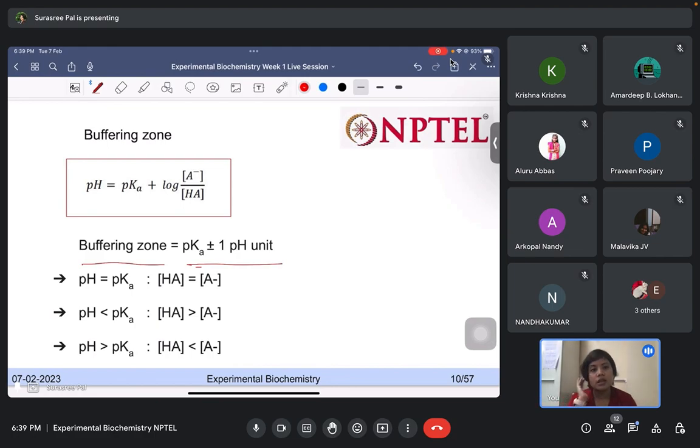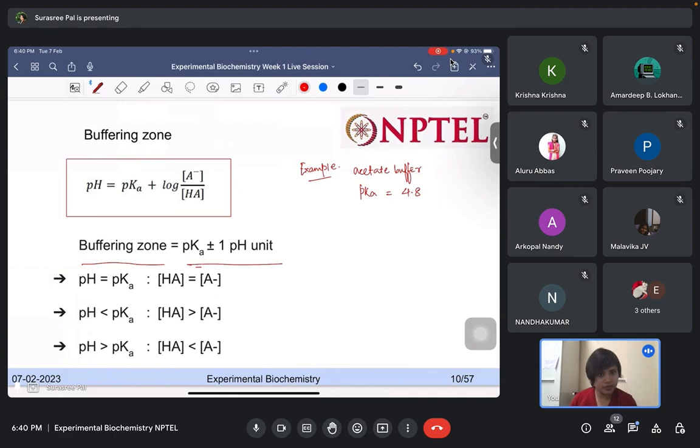So suppose an example is acetate buffer. Acetate buffer has a pK which is 4.8. Okay, acetate buffer has a pK which is 4.8.